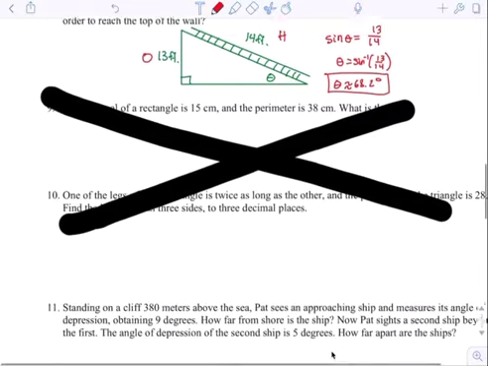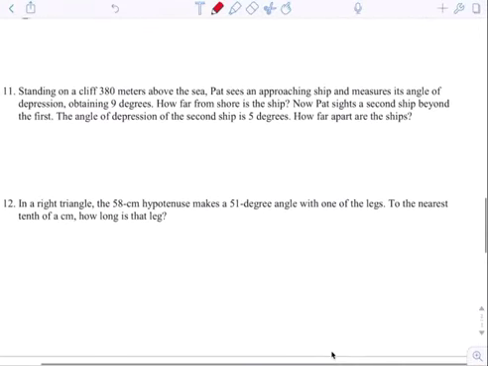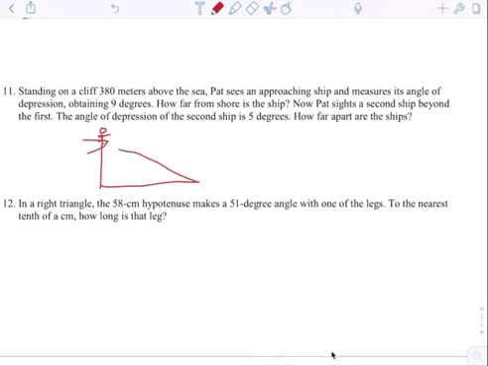Okay, 11. Standing on a cliff 380 meters above sea level. So standing on a cliff, which is, I'll draw that better. Okay, so 380 meters above sea level.